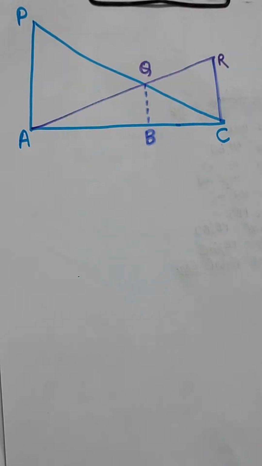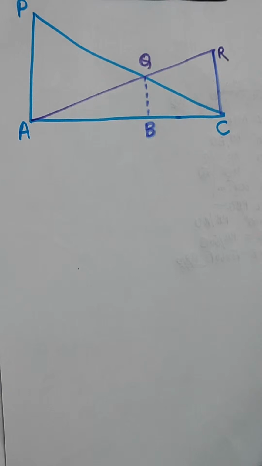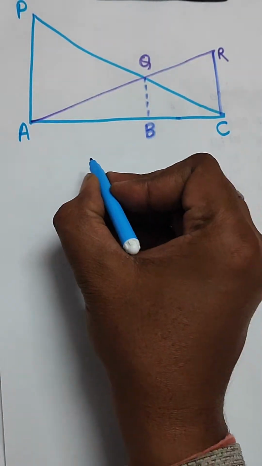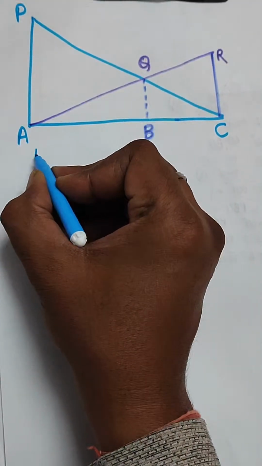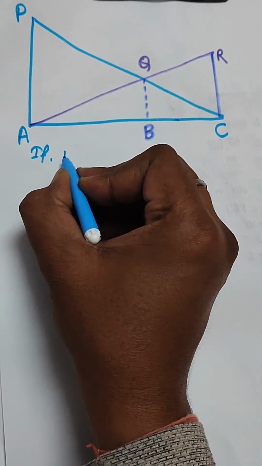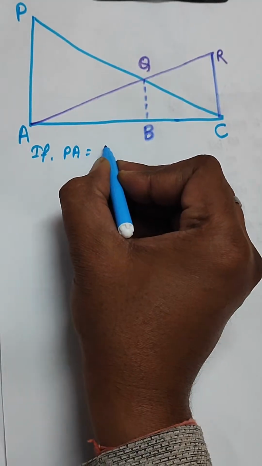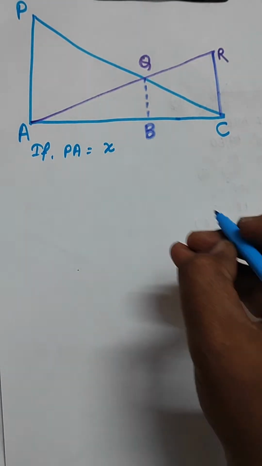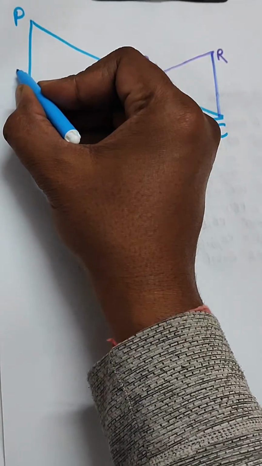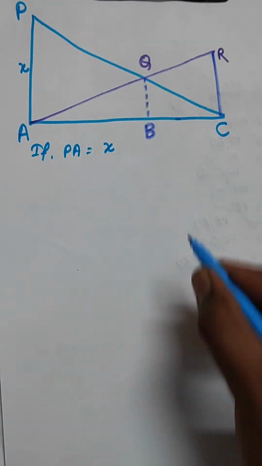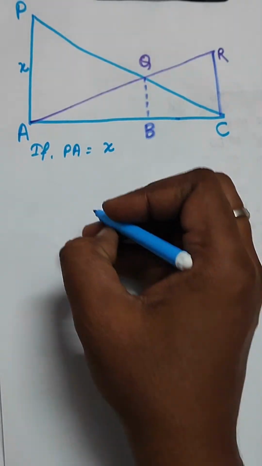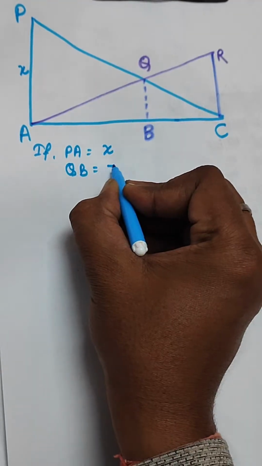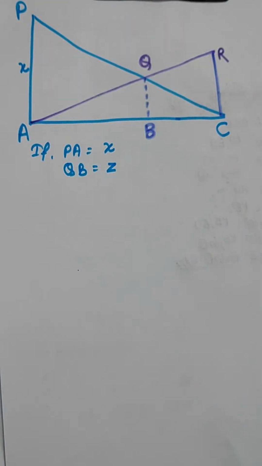Now my dear friends, the question is like that: if PA is equal to X, this one is X, right? This QB is equal to Z, right?